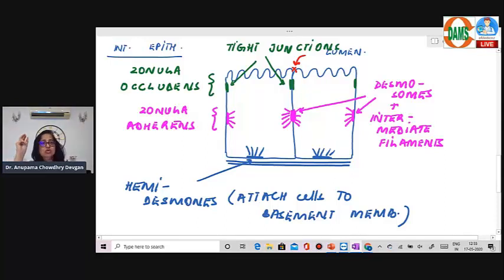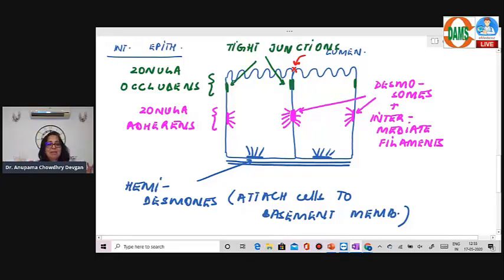Number 2, zonula adherens. Zonular means a band. Adherens means it helps the cells to adhere. The proteins responsible for zonula adherens are desmosomes, which are associated with intermediate filaments, a part of the cytoskeleton.